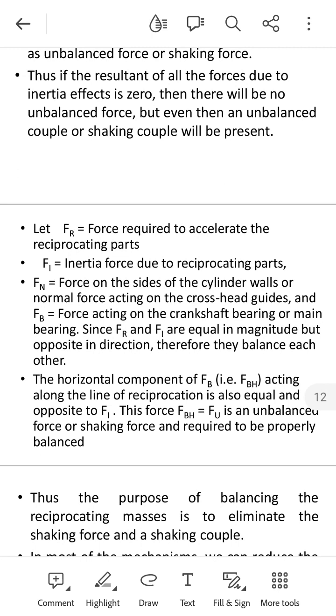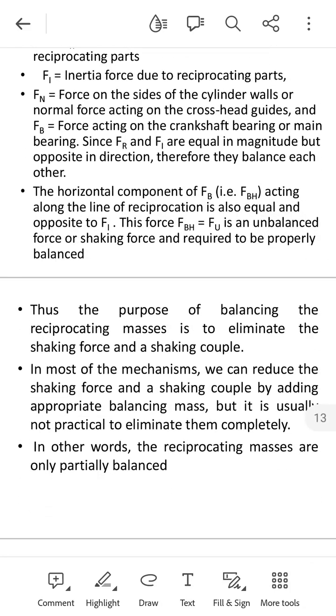Since Fr and Fi are equal in magnitude but opposite in direction, they balance each other. The horizontal component of Fb acting along the line of reciprocation is also equal and opposite to Fi. This force Fbh, equal to Fu, is an unbalanced force or shaking force and needs to be properly balanced.